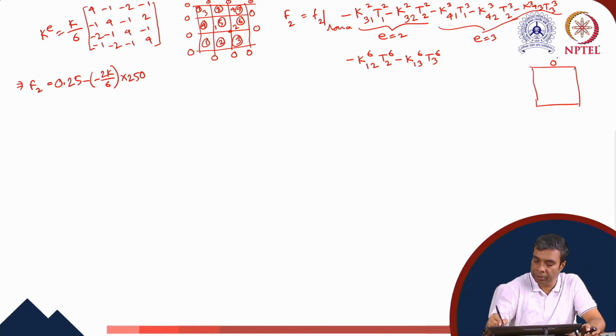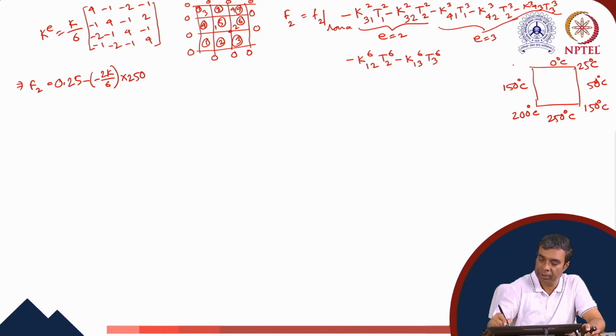This is 0 degree centigrade, 50 degrees centigrade, 250 degrees centigrade, 150 degrees centigrade, 25 degrees centigrade, 150 degrees centigrade, 200 degrees centigrade, and here it was 75 degrees centigrade.